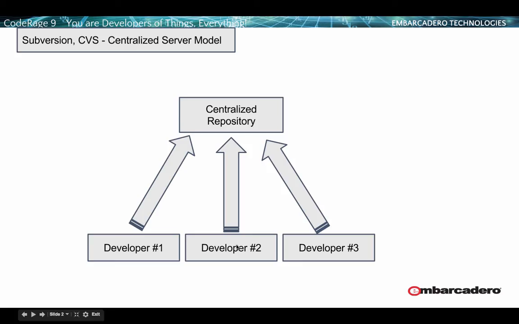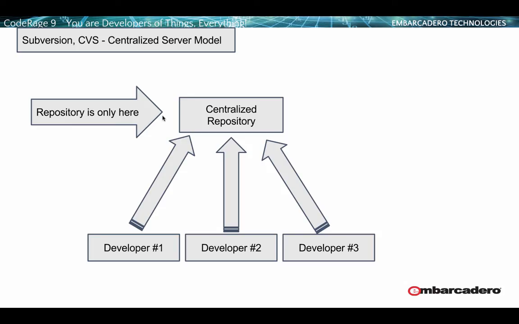So in this case, we have a diagram representing 3 developers, and they're all communicating with a centralized repository. There is only one repository in this model, and it's right there at the top. The developers can have one or more working copies of their code on their machines.